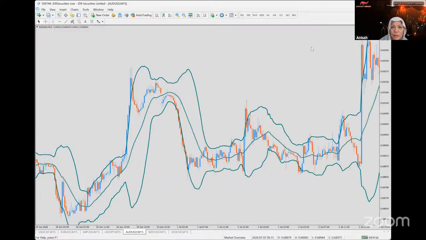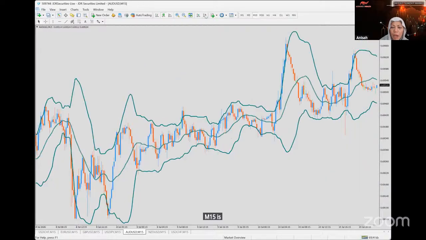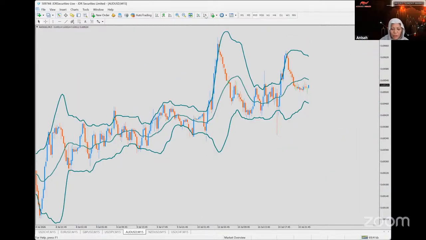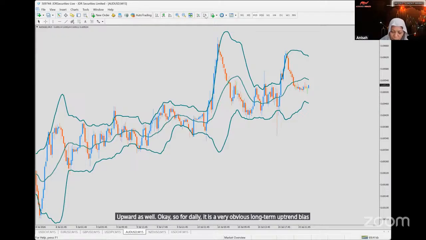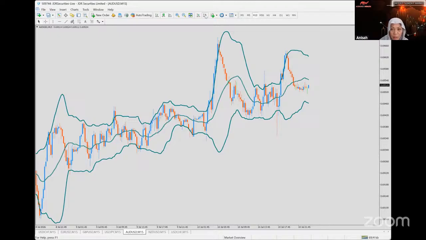M15 is upward as well. Okay, so for daily, it is a very obvious long-term uptrend bias, bullish. Okay, so intermediate trend.